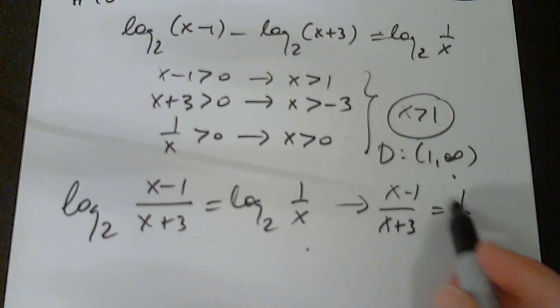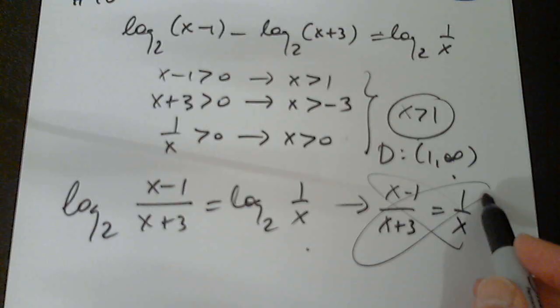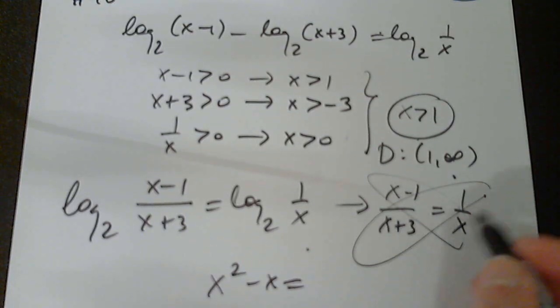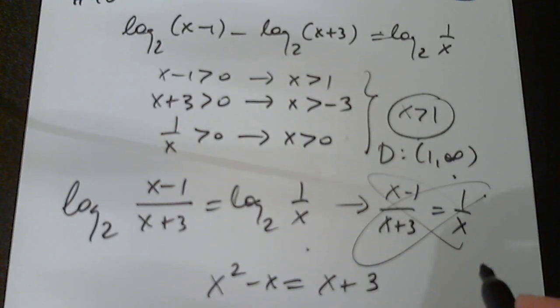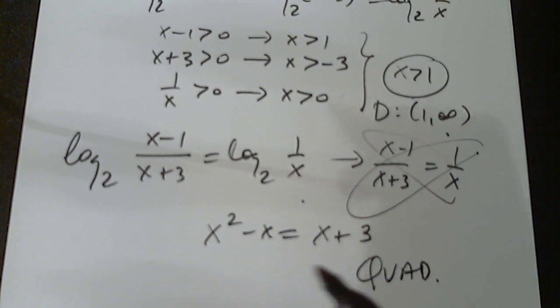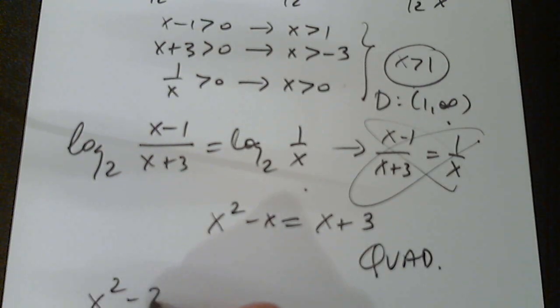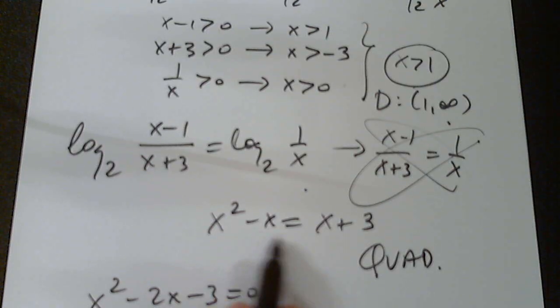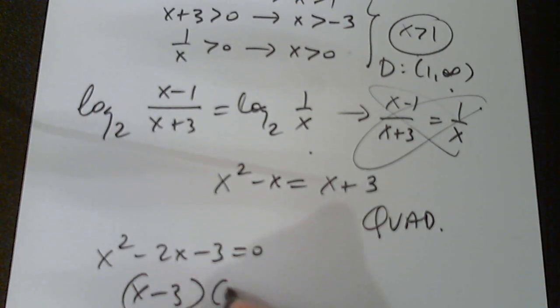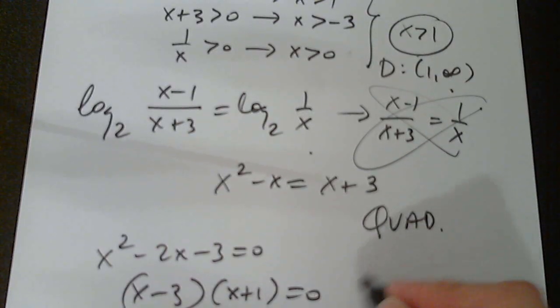Again, this is a proportion. I will cross multiply. x squared minus x equals x plus 3. It's quadratic. Everything has to be taken to one side. So x squared minus 2x minus 3 factors as (x - 3)(x + 1).